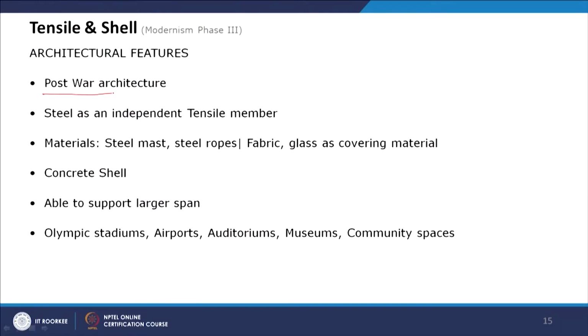The architectural features were, it is a post-war architecture, so war situations like World War I and World War II had already happened. During World War I and World War II, most of the designs were focused on the functional quality of the architecture, because during the wars there was a money crisis, and the buildings had to perform.